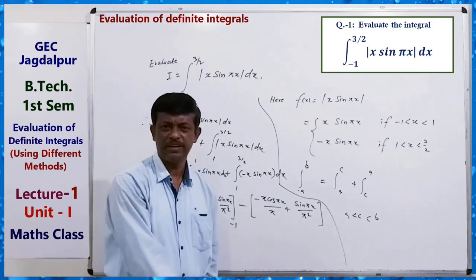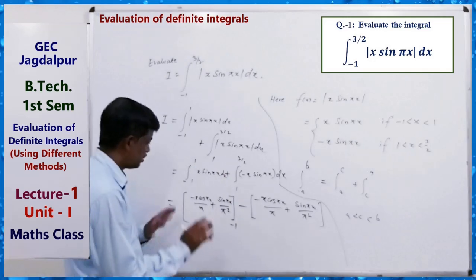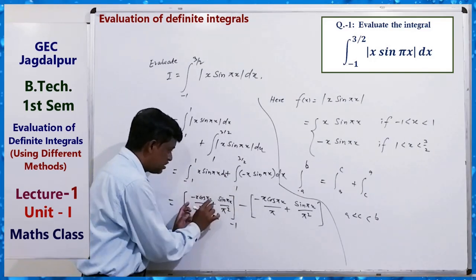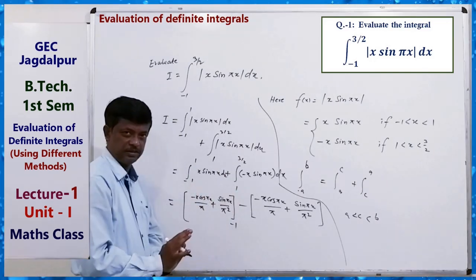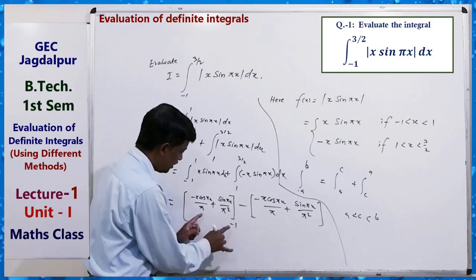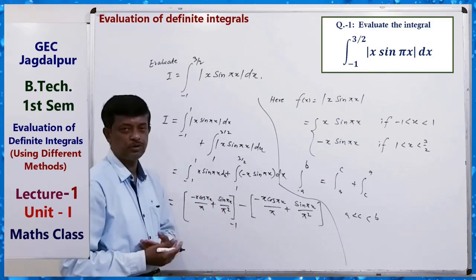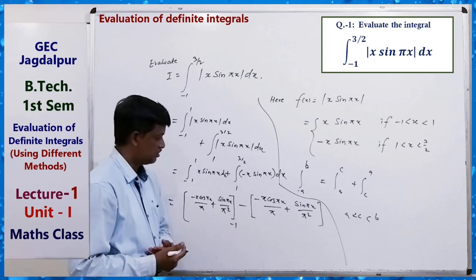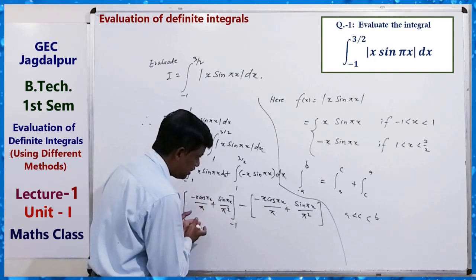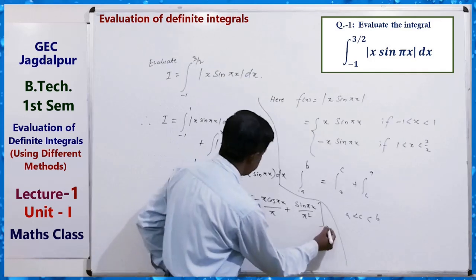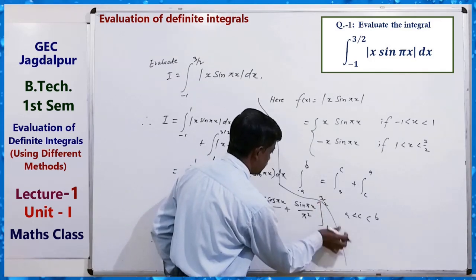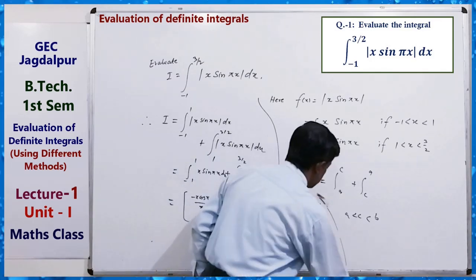Just apply the limit. Apply the limit means first put x equals 1 and then x equals -1. Sin pi equals 0, you know. So apply the limit here and also here, 1 to 3 by 2.